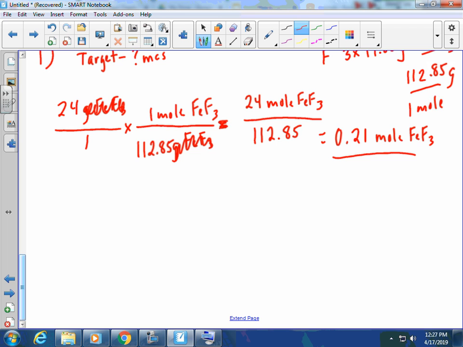I'm going to take that number of moles, 0.21 moles of FeF3, and I'm going to make that my start, okay? I know how many moles I have, but we're still trying to keep going so we can find the number of molecules.